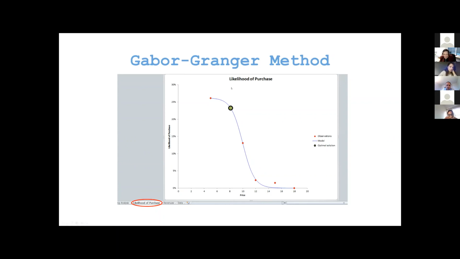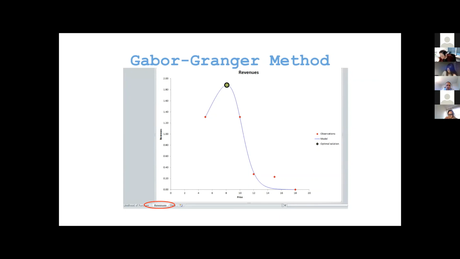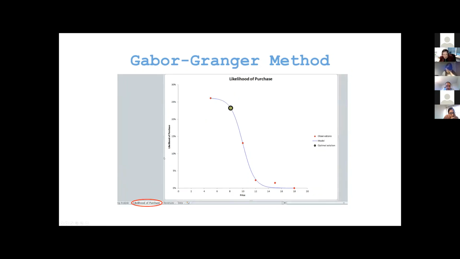How did it find this optimal point? Well, here's a graph, the next slide. And here is projected revenues, expected revenue on the y-axis and price on the x-axis. Where do these expected revenues come from? It's simply multiplying the expected likelihood of purchase times the price.